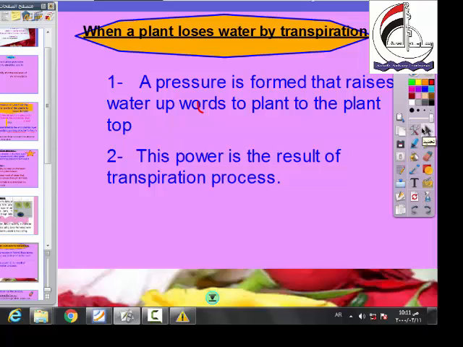This power is the result of the transpiration process.